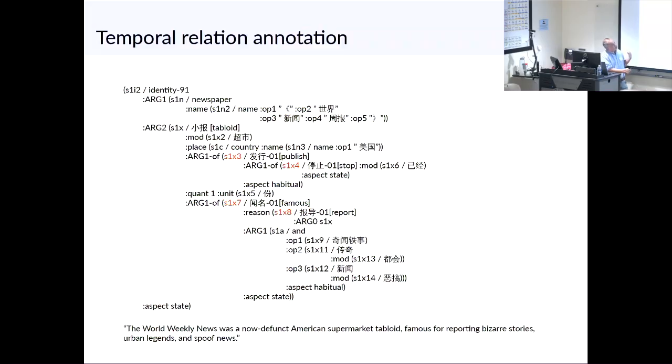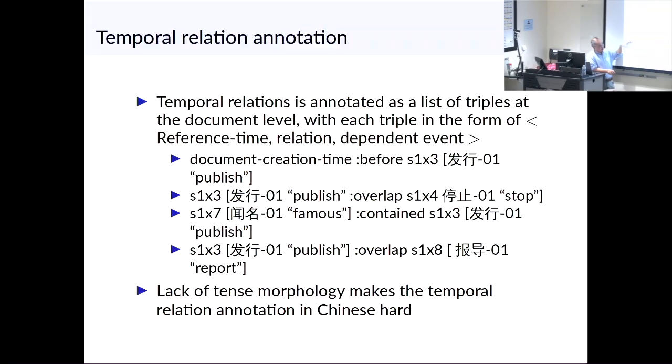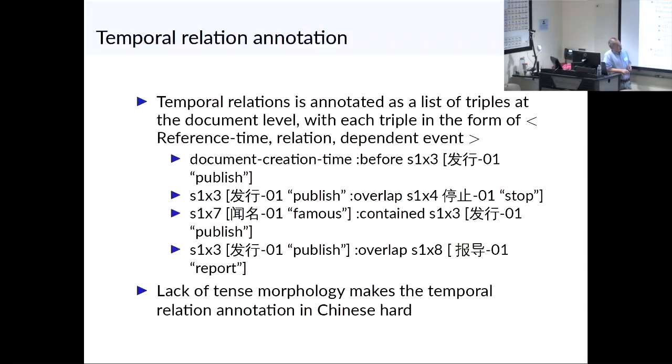So the publication activity is stopped, so whatever the time of the stop is, that's a reference point for publication. Then you have this famous one, which contains this publication. So there's overlap and contain; we had some discussions in the morning about contain versus overlap. And the publication overlaps with reporting. So all of these use something other than the documentation time as the reference point.